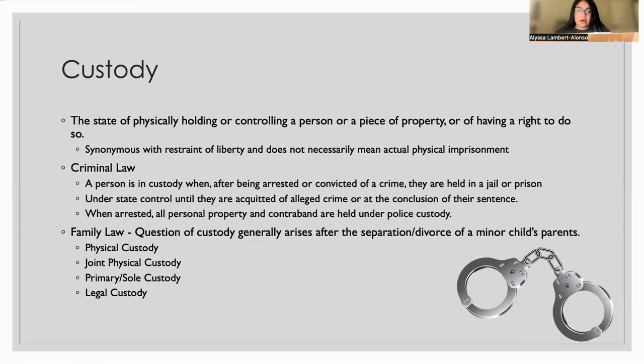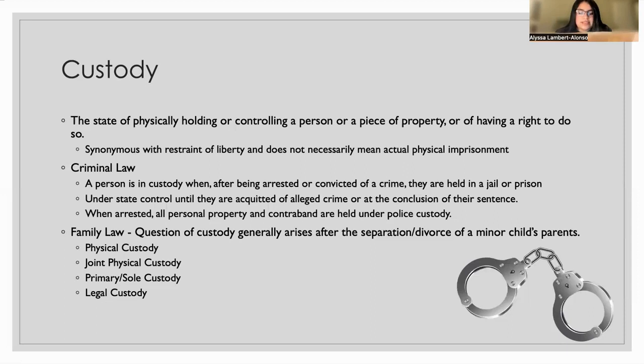This means they are held in jail or prison. Such persons are under state control until they are acquitted for their alleged crimes or the conclusion of their prison sentence. People that are in custody are limited in their liberties and dependent upon officers to meet their needs.